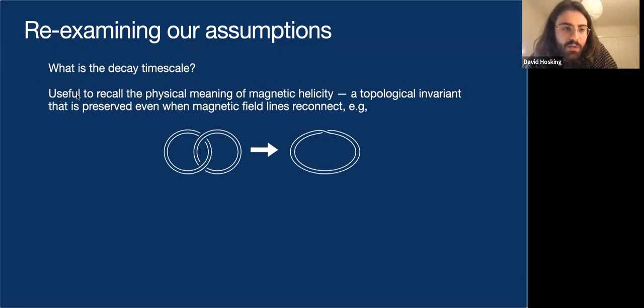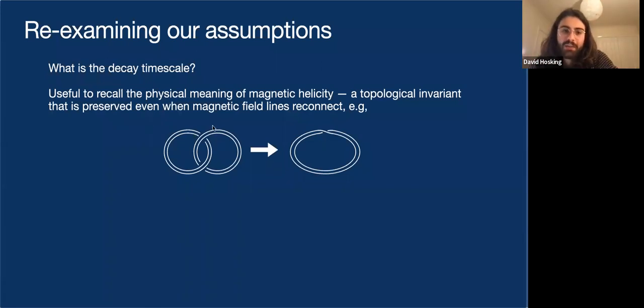It's useful to recall the physical meaning of magnetic helicity, this quantity that I've been talking about. The magnetic helicity is a topological invariant, of course. But what's special about it is that it's preserved even when the magnetic field lines reconnect with each other. Magnetic helicity is the linking number.